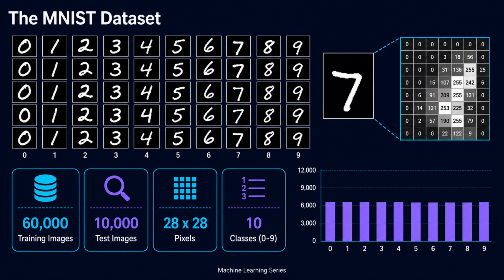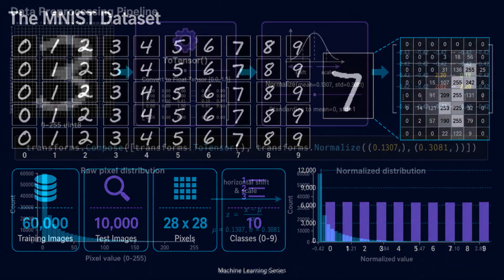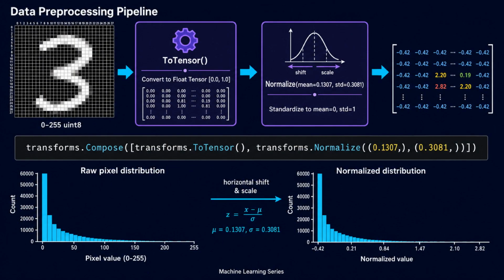MNIST is an excellent starting point because it is small enough to train quickly, yet complex enough to demonstrate real deep learning concepts. Before feeding images into our network, we need proper preprocessing. PyTorch provides the ToTensor transform, which converts an image into a tensor and automatically scales pixel values from the original range of 0 to 255 down to a range of 0 to 1.